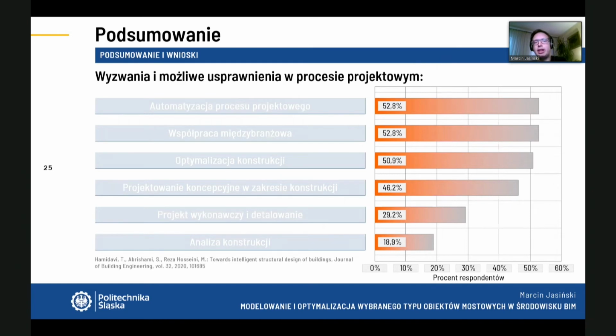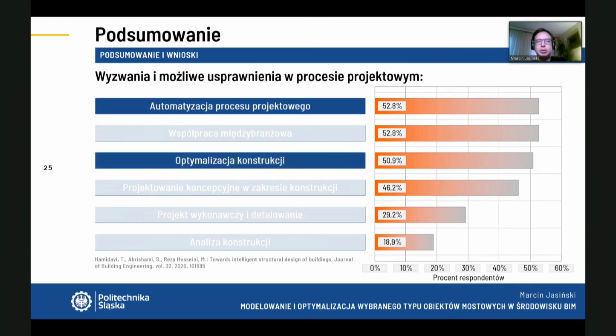Nevertheless, this approach responds to the needs of automation of the designing process, but also to optimization of the structure. This tool can be used at the stage of conceptual design, but it is not limited to that. Depending on how detailed the model data is, for reinforcements or compression, it is also useful for execution design.